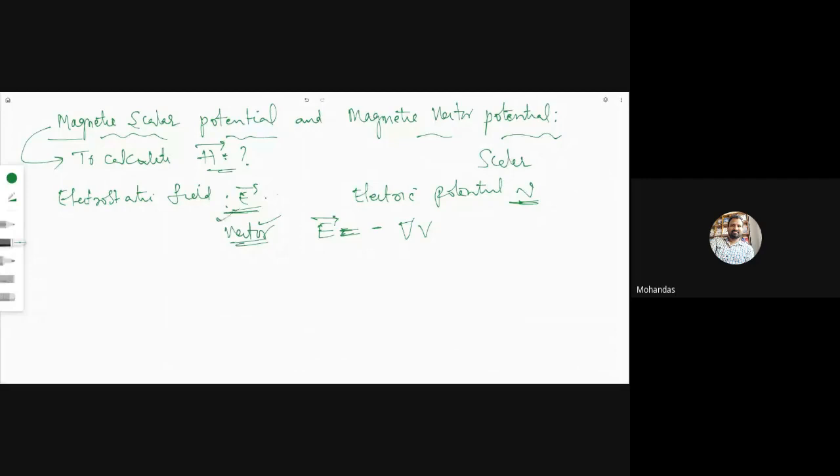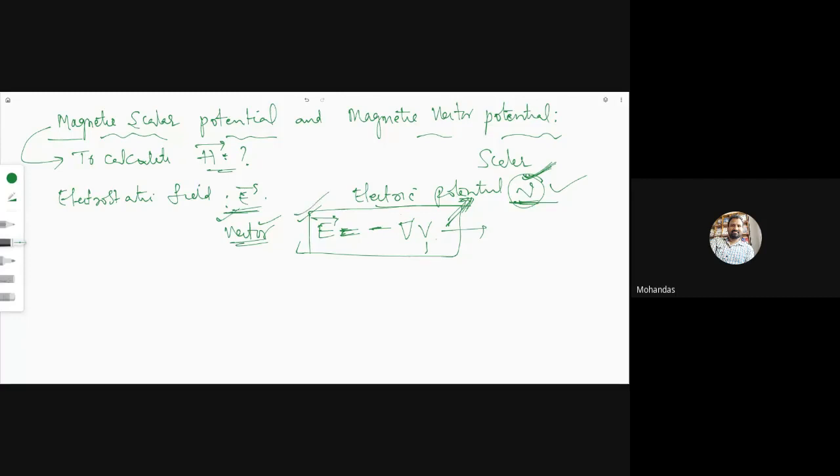So the electric potential concept was introduced, which is nothing but voltage. If we calculate the voltage, we can easily calculate the electric field intensity by using the relation E equal to minus del V, where V is called the electric potential.